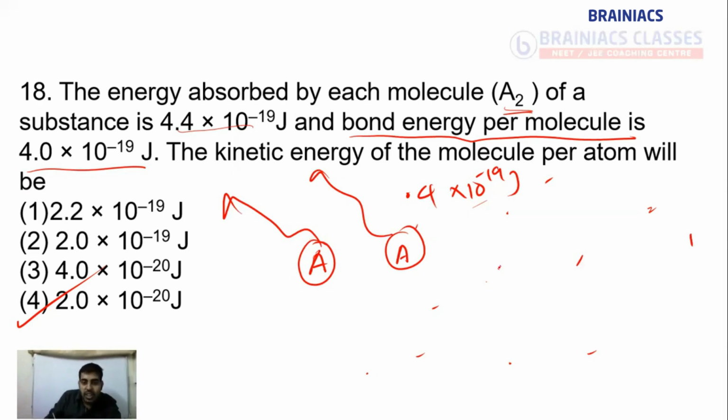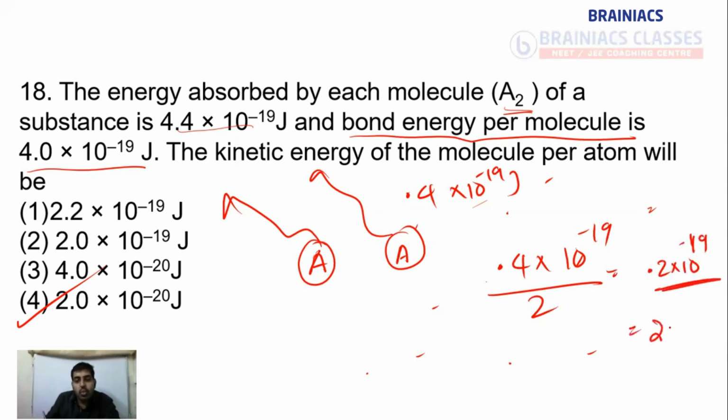That is their kinetic energy. So 0.4 into 10 raised to minus 19 is equally distributed between these two atoms, giving 0.2 into 10 raised to minus 19, or 2 into 10 raised to minus 20. Answer option 4. I think it's clear. It is similar to the photoelectric effect.